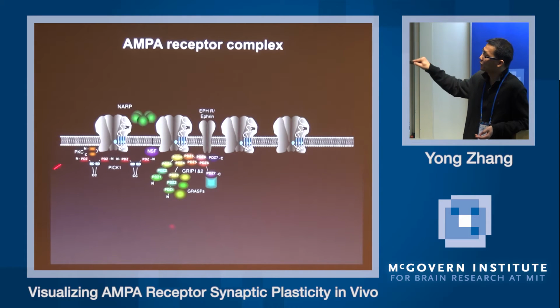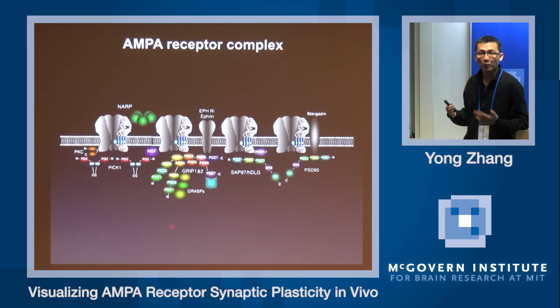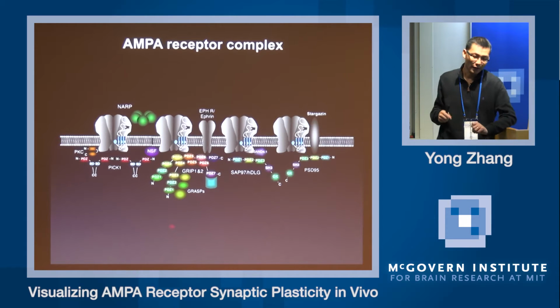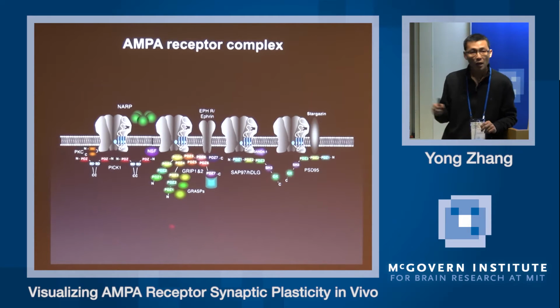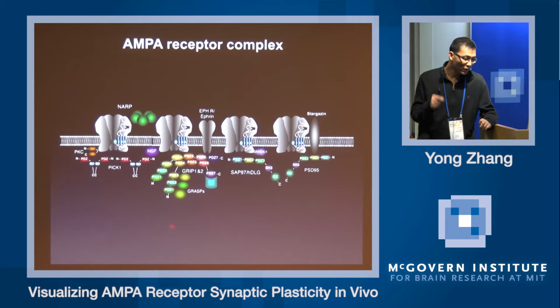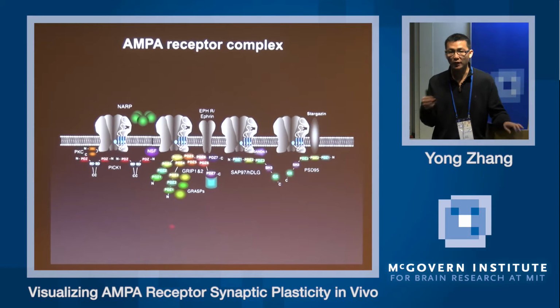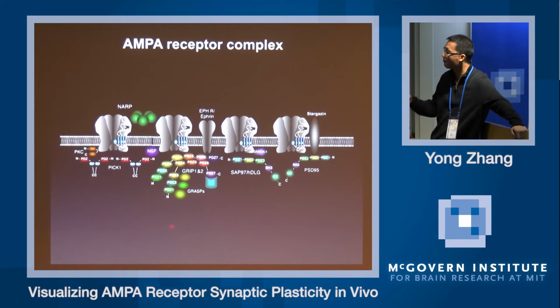Those are the protein-protein binding partners and kinases that either modify or regulate AMPA receptor trafficking. As I said, research over the past decade has dramatically advanced our understanding of AMPA receptor trafficking and regulation, especially at the molecular level. However, a major missing link in the field is that we are still unclear about how AMPA receptor trafficking and regulation are related to animal behavior, or how AMPA receptors traffic and behave in vivo.